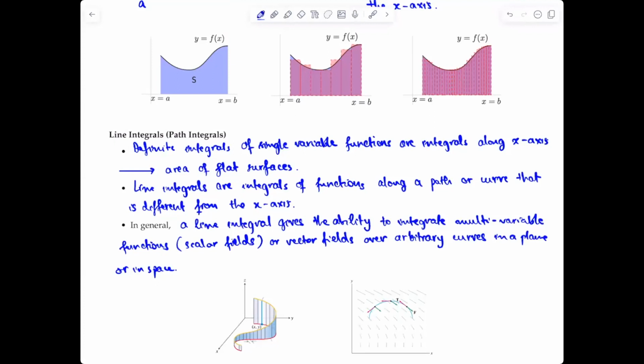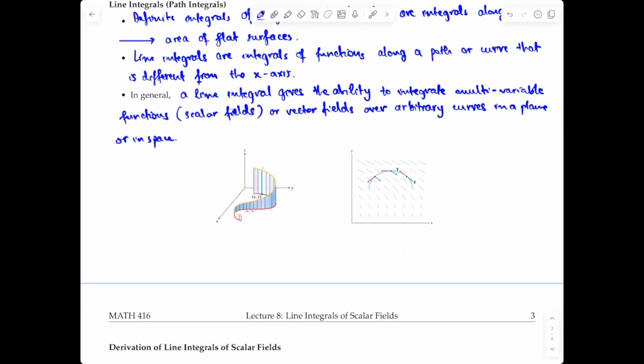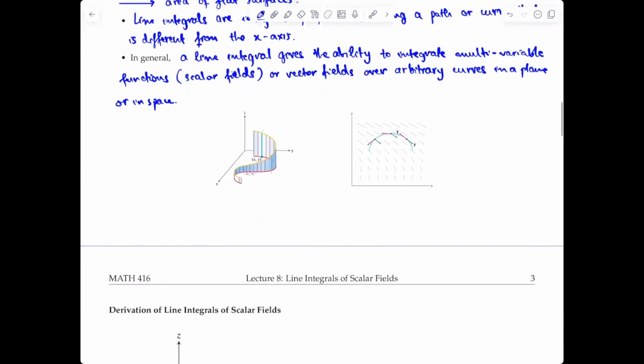Just like the definite integral. So these two pictures depict two concepts of line integral. In the first picture, this is the line integral of a scalar field, and it's going to give you the surface area.